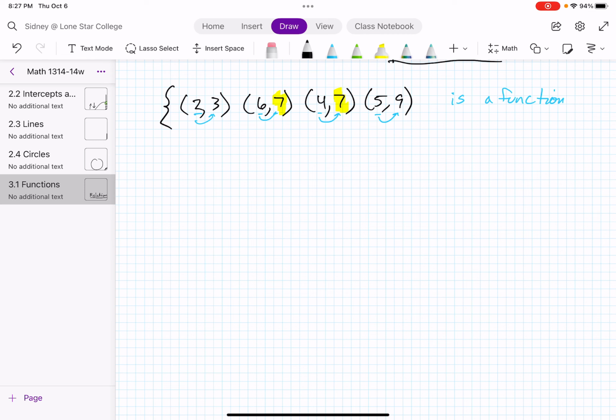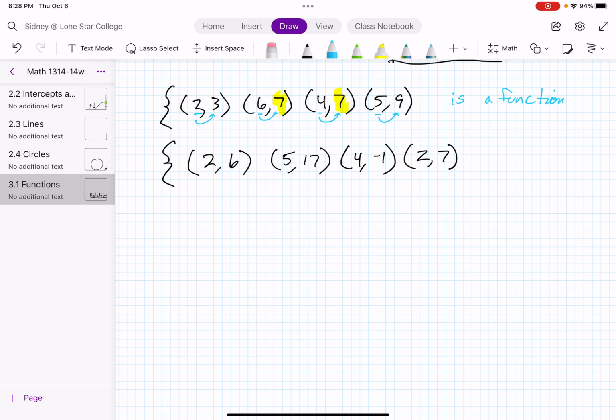So what does it look like for a list of ordered pairs to not be a function? (2, 6), (5, 17), (4, -1), and (2, 7). What you'll notice here is this. 2 relates to 6, but 2 also relates to 7.